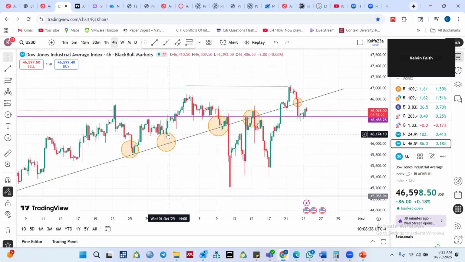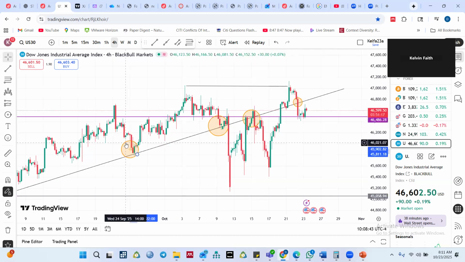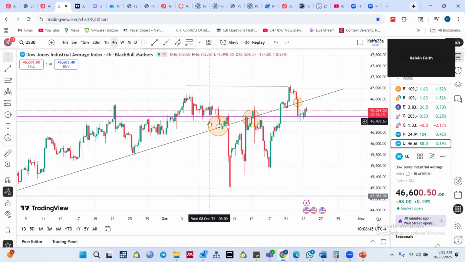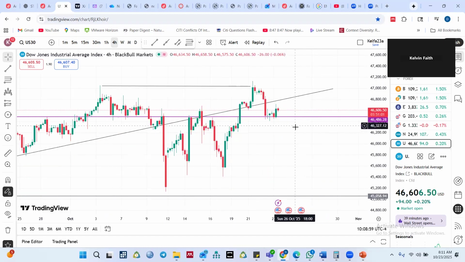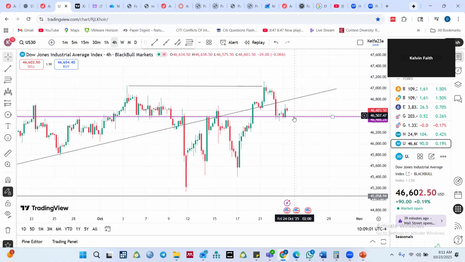So in order to sell, if not, we cannot sell, price should be below this trend line and below this PSR, this violet line. Okay, purple. Yeah, you see the purple line. Good. Price should be below the trend line and below here.